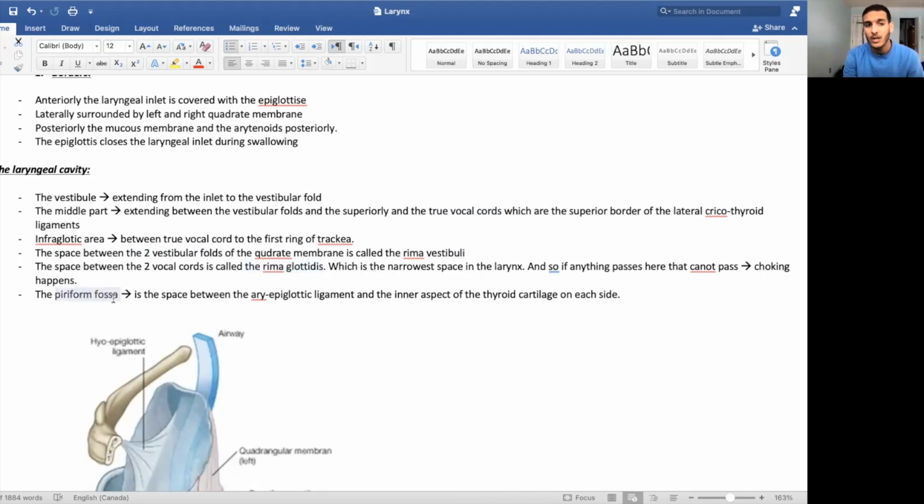The piriform fossa, okay, this is a new space that I'm mentioning here, is a space between the aryepiglottic ligament and the inner aspect of the thyroid cartilage on each side.